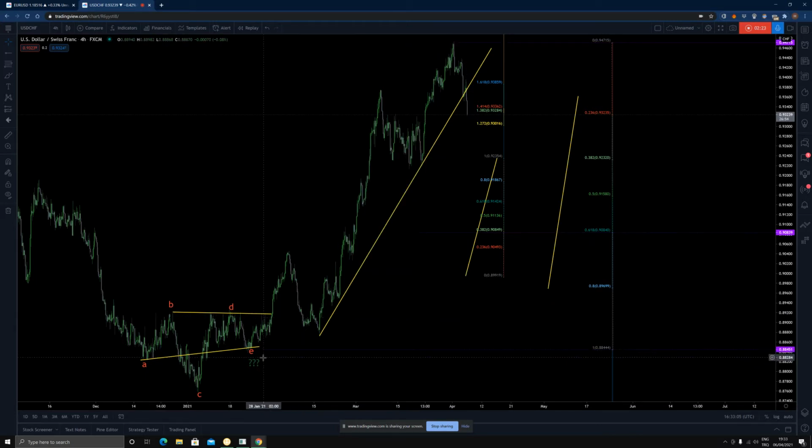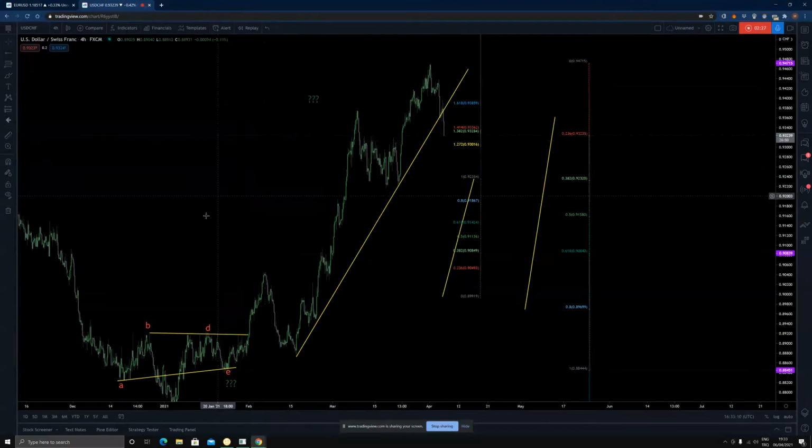Now the main question is, after here, what started? Okay, so what does this pattern look like? Well, it's either a flat. So one of my first scenarios is something like this.